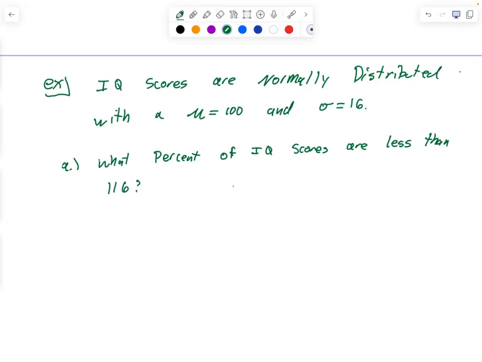So z equals x minus the mean over the standard deviation. That's what we're using. But now we just got to plug in those numbers. You're going to have to be able to find a z-score.